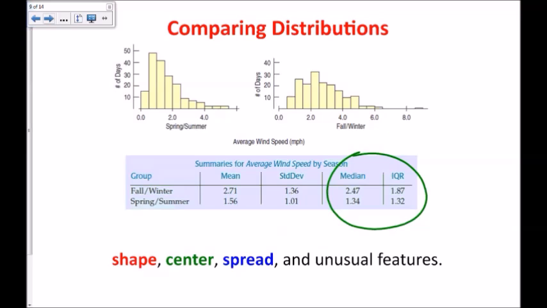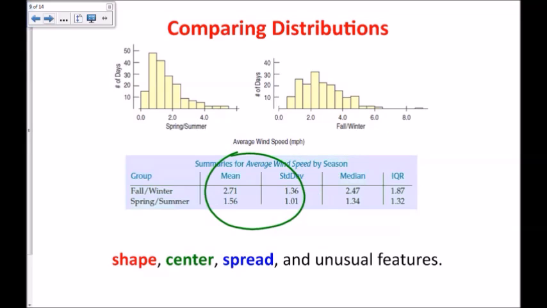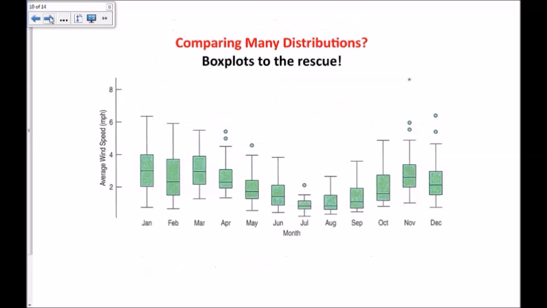When looking at the spread, we can also see that the fall-winter distribution has a higher spread than the spring-summer distribution. And the only unusual feature we want to point out is that there is an outlier for the fall-winter distribution. So I just compared the shape, center, spread, and unusual features for these two distributions.